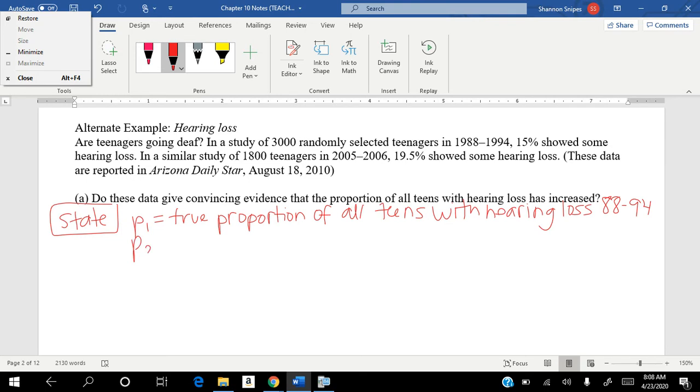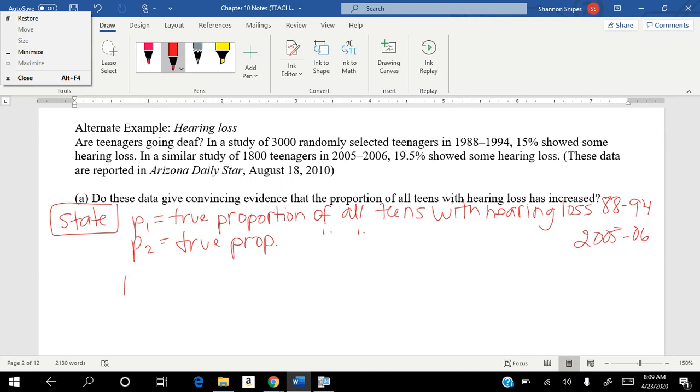And P sub 2 is going to be the true proportion, I'm going to abbreviate, of all teens with hearing loss from 2005 to 2006. Now, I am doing this for the sake of time. You know, on your AP exam, you're going to write all that out.